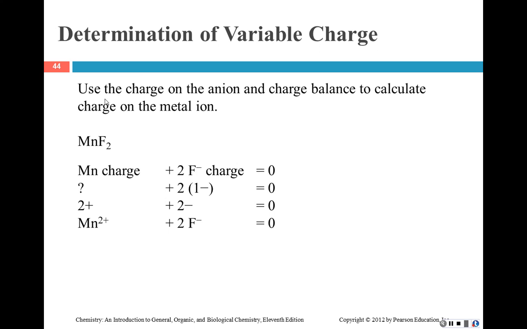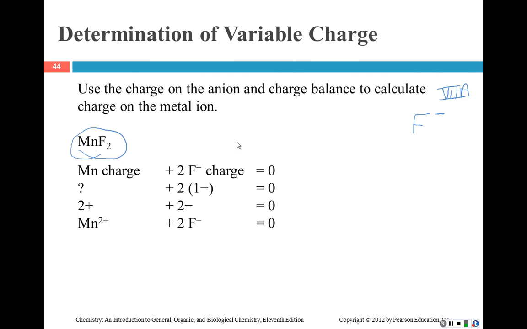Well, in the case of manganese fluoride, for example, let's look at that. Manganese can have more than one charge. I don't know what the manganese charge is right now. What I do know though is that fluorine is in group 7A, and it always has a -1 charge.